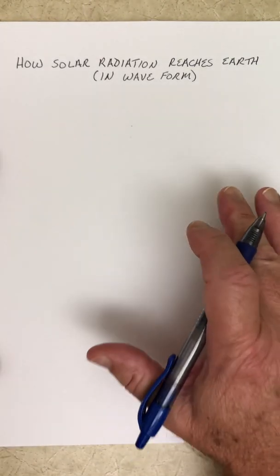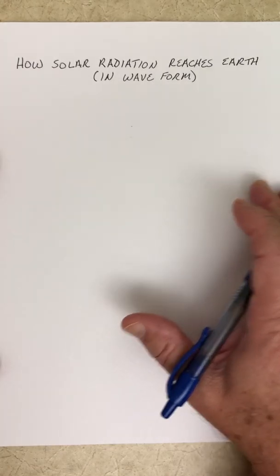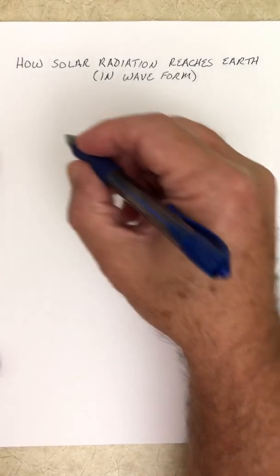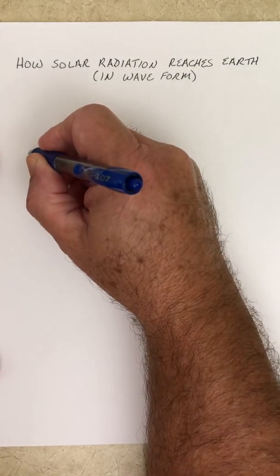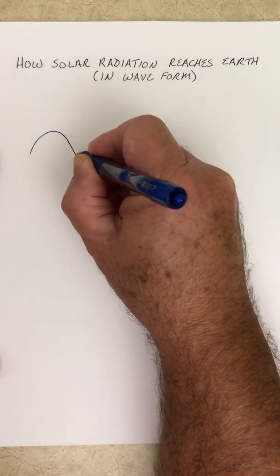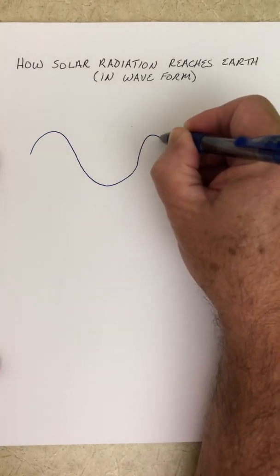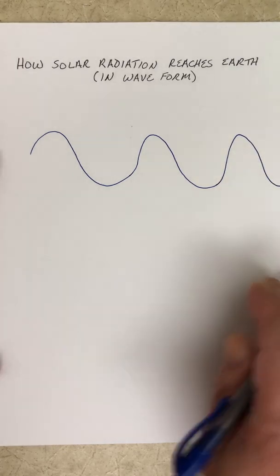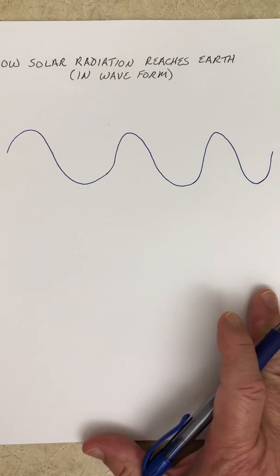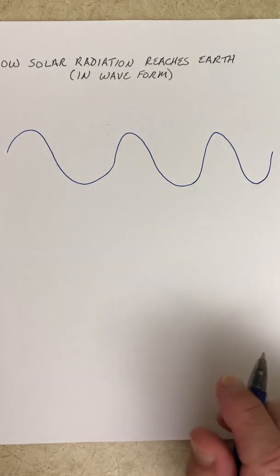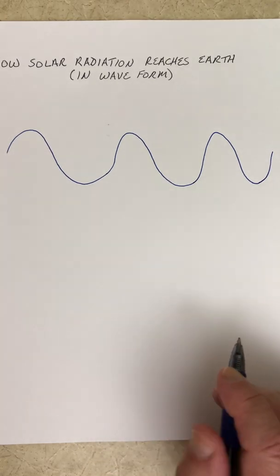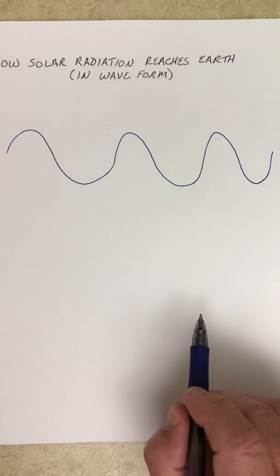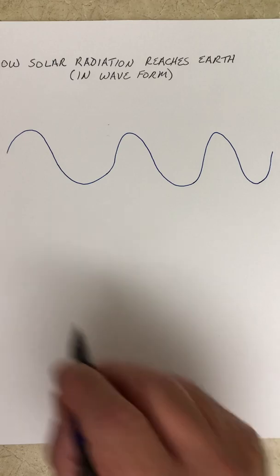So I want to give you a little bit of background on radiation and how it travels in wave form. Let's use this as an example. I'm going to try to draw this very carefully. All right, it's not too careful. Oh well. When we're looking at radiation traveling in wave form, it is described by wavelength.